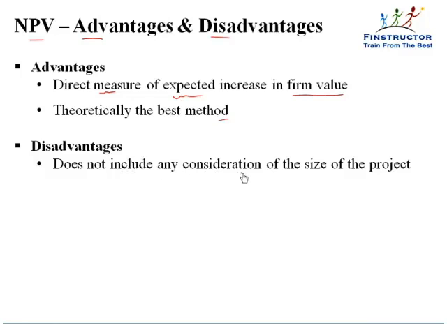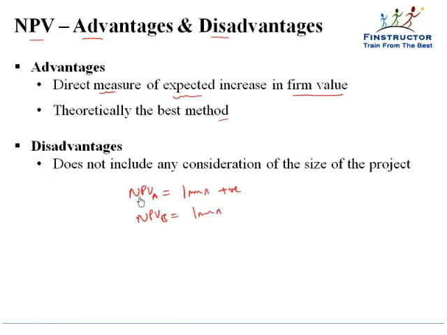NPV does not include any consideration of the size of the project. So let's assume that the NPV of a project A comes out to be $1 million. Now, it's a positive NPV, hence the project should be accepted. NPV of another project B is $1 million.